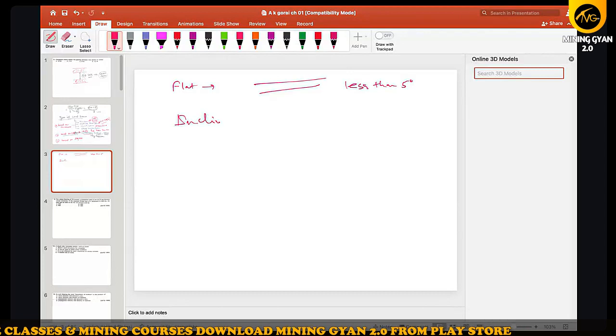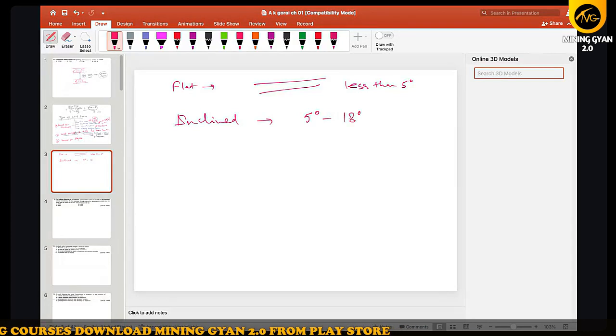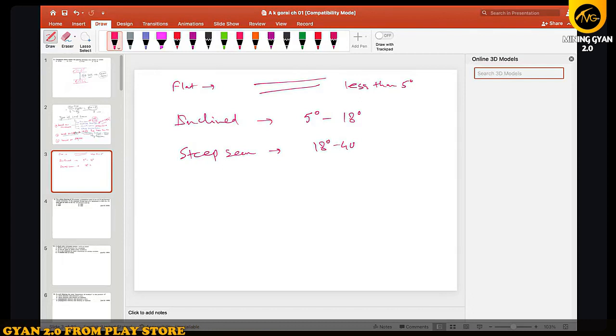Inclined when? Inclined seam when 5 degree to 18 degree. Steep seam, 18 degree to 40 degree. Very steep seam, beyond that.